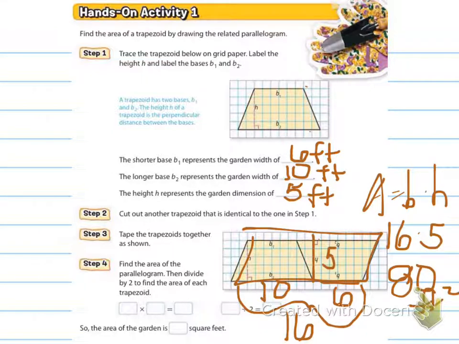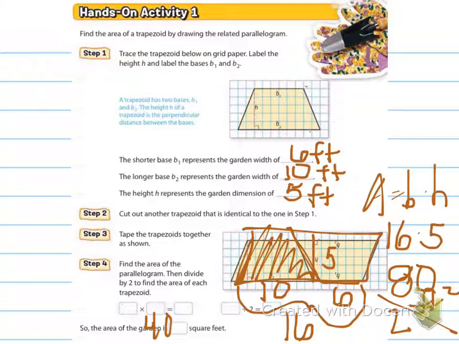I'm trying to look at my units while I talk at the same time. All right, so 80 feet squared, but I only need half of it because I am just talking about one of the trapezoids, not the parallelogram. I just want to know the area for this shape right here, not the entire thing. So I'm going to divide this by 2 because there are 2 trapezoids in this picture that make this parallelogram. If I divide that by 2, I get the area is 40 feet squared, or 40 square feet.